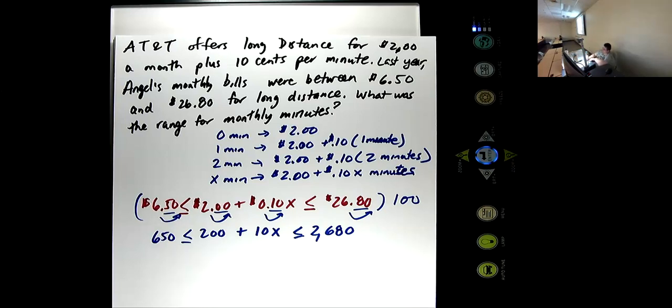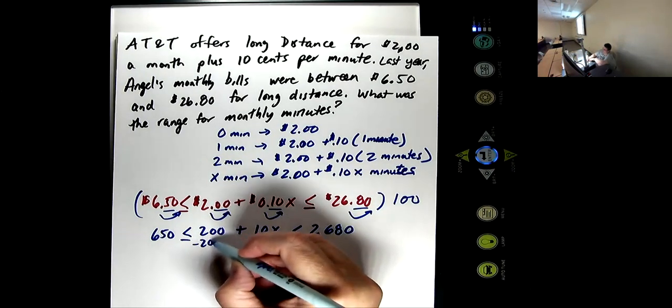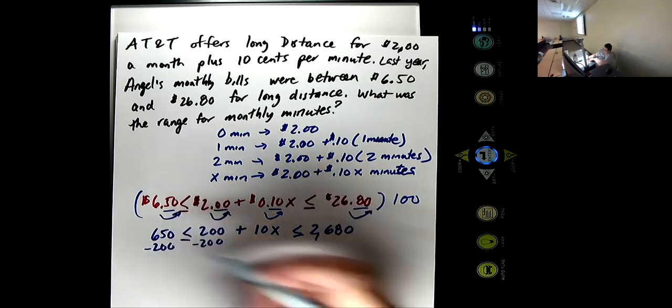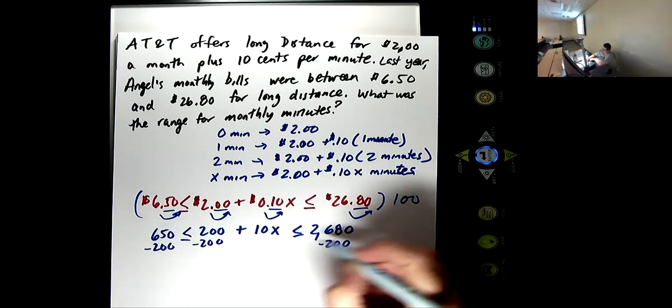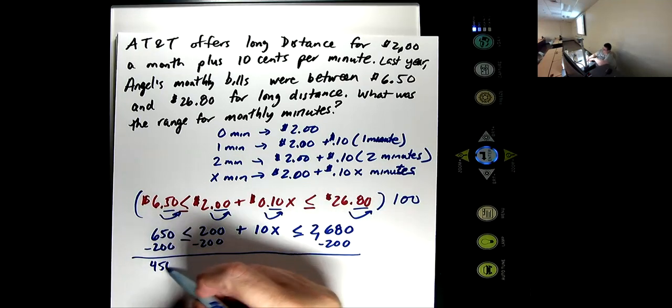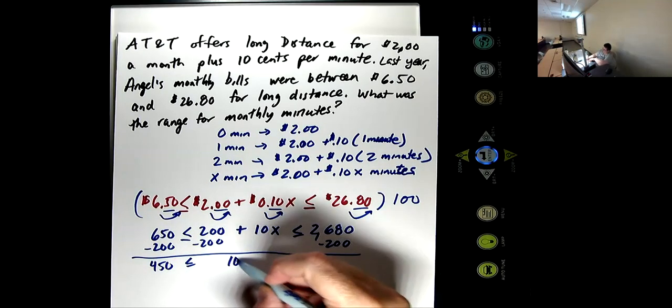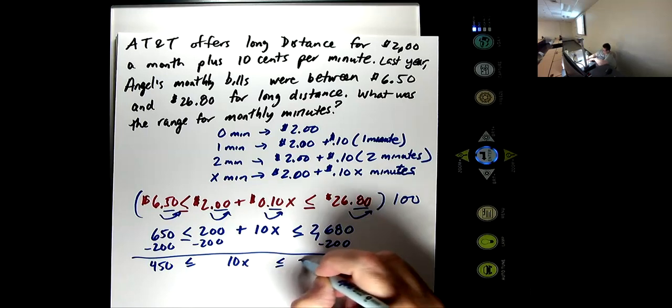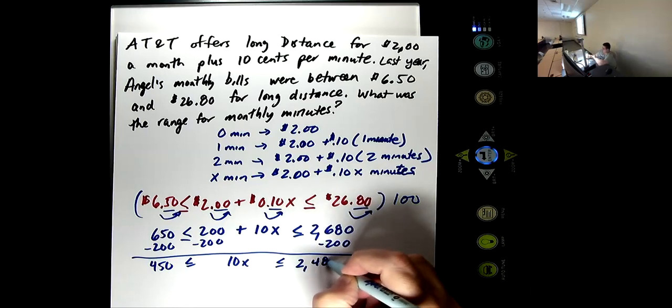Now we solve like we normally would. We subtract 200 from every region. We did this in the intersection stuff. This is 450 is less than or equal to 10x, which is less than or equal to 2,480.